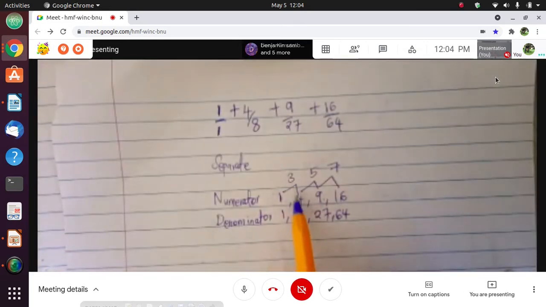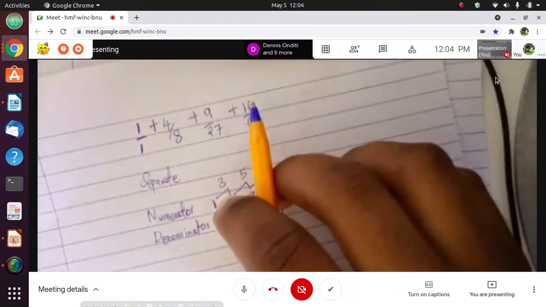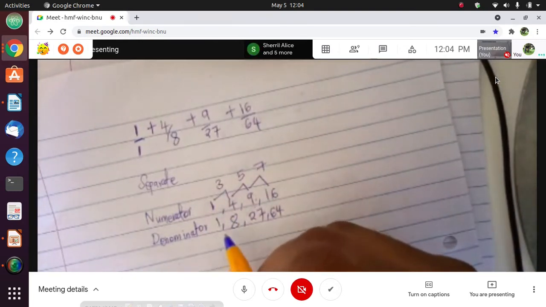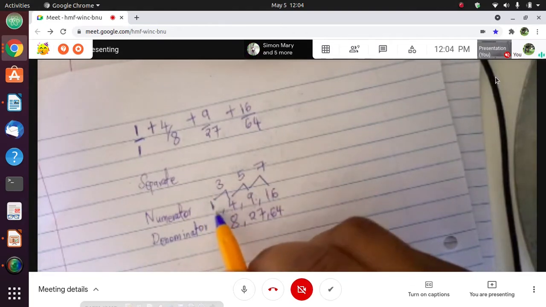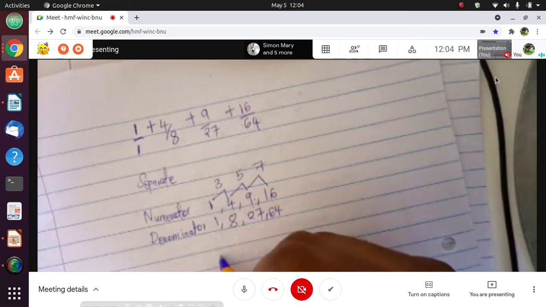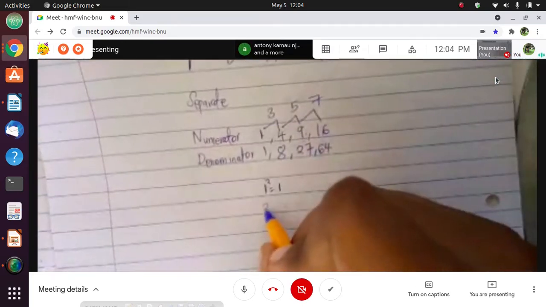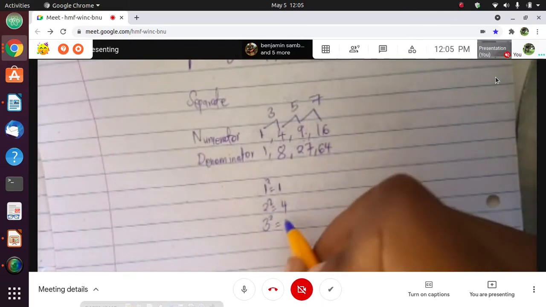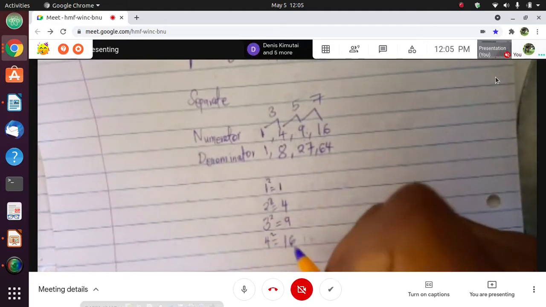But look at this. I want you to see this very, very carefully. The numerator is something we call perfect squares. 1 squared gives us 1. 2 squared gives us 4. 3 squared gives us 9. And 4 squared gives us 16.